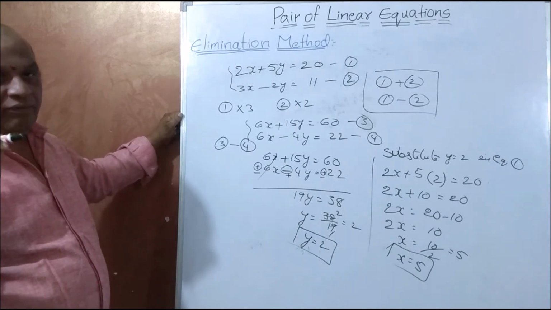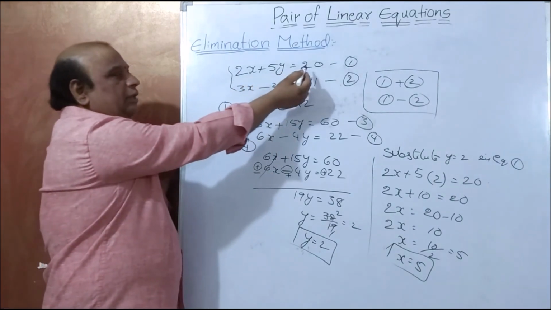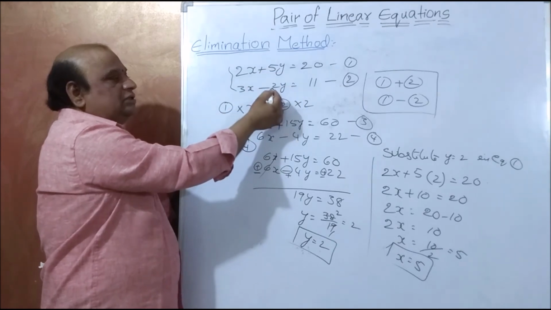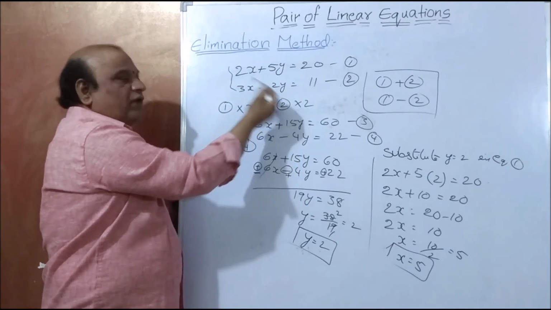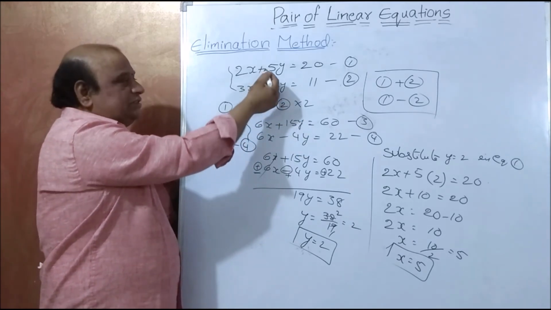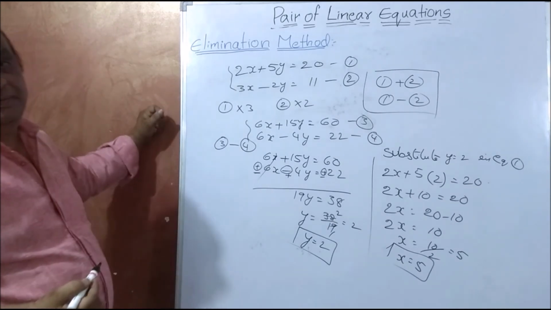Then 5 twos are 10, and here the second equation by 5, here also we are getting a 10. Plus 10, minus 10.